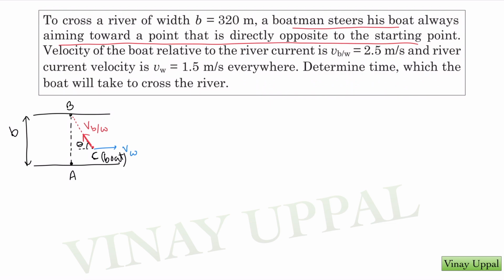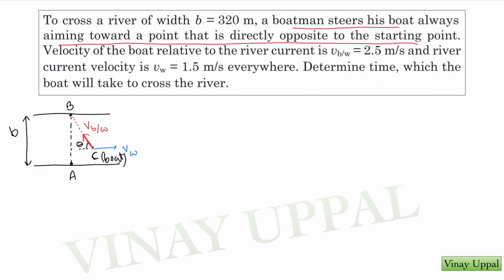Okay, so there are two ways to do this question. One will be going in the ground frame, writing down the equations of the ground frame. The other method would be to go in the river frame. So you can get the answer using both methods, but let me just do it using the river frame.